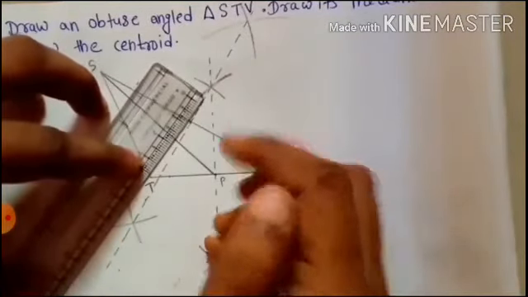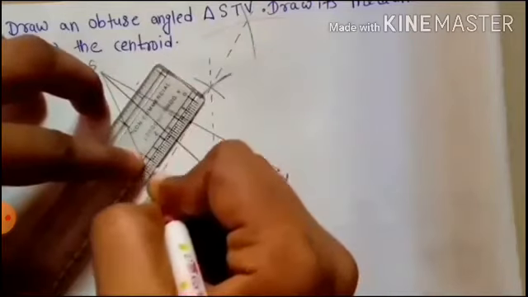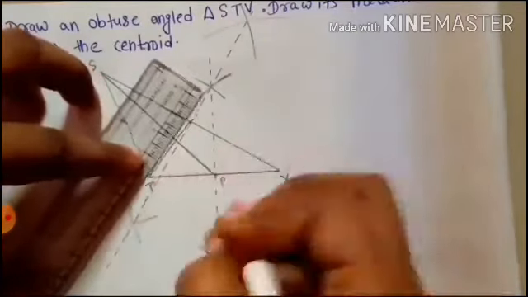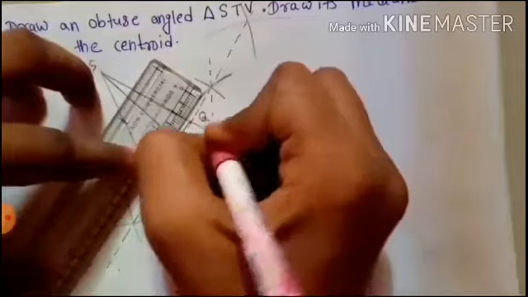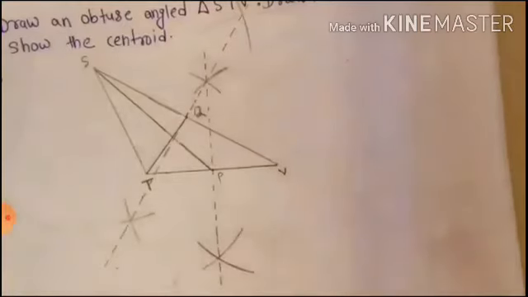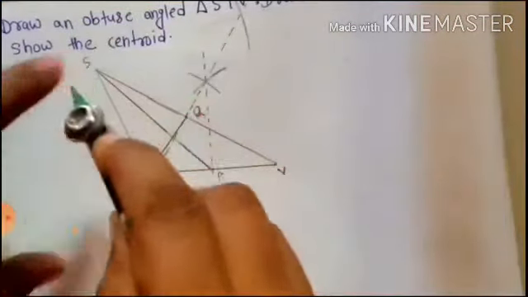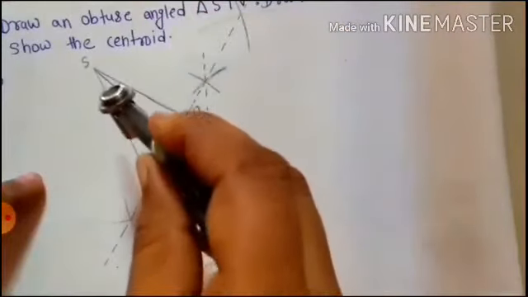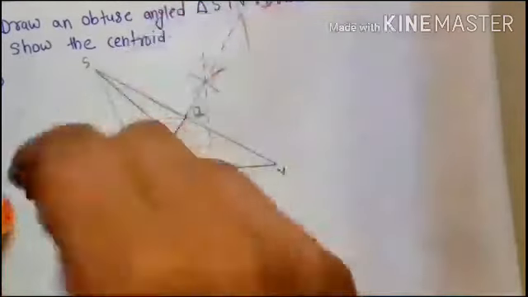Upper side arc and lower side arc. Now put on S another time, upper side arc and lower side arc. Now again you have two points, upper side and lower side.